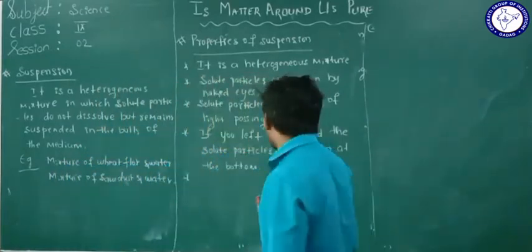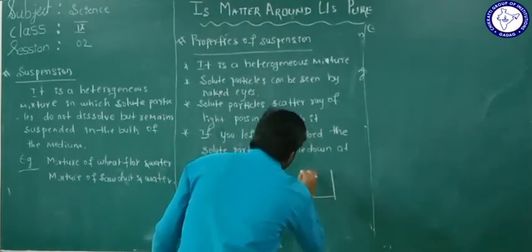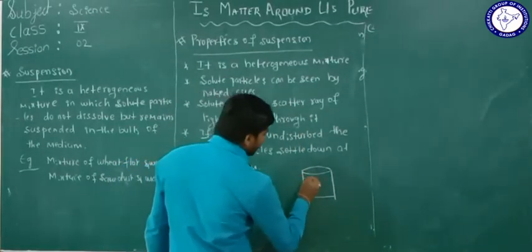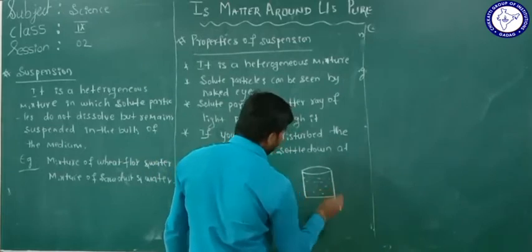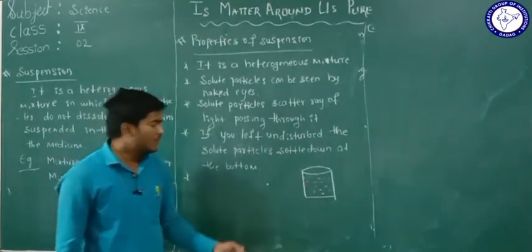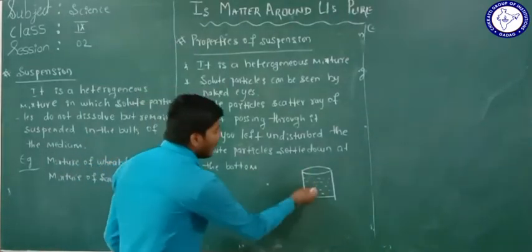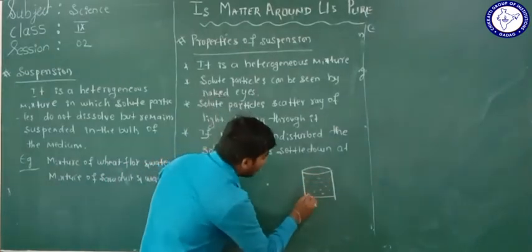I am considering a beaker that contains a mixture of water and wheat flour. If you leave it undisturbed, all the solute particles present in the mixture are going to settle down at the bottom.